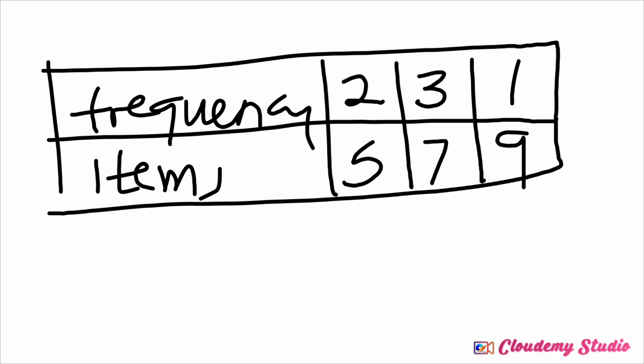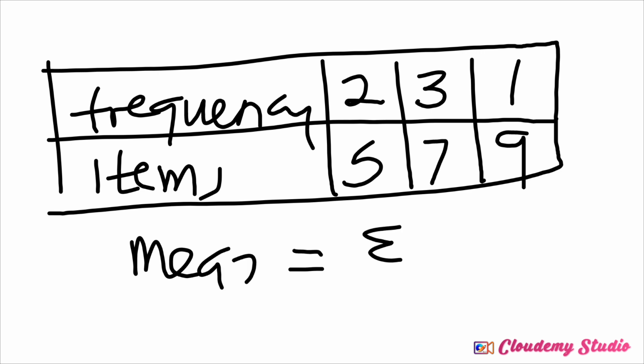So I have 2, 3, 1 as the frequency. Now the formula says that mean is the sum of the product of frequency and the items all over the sum of the frequency.